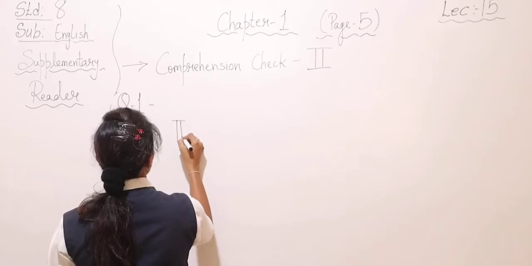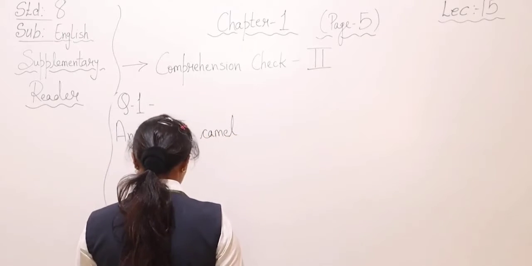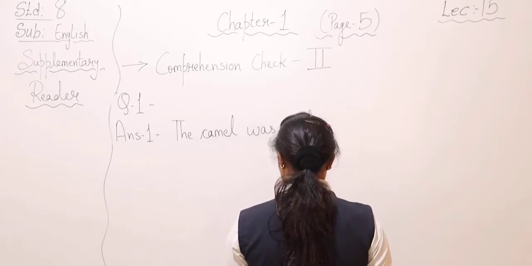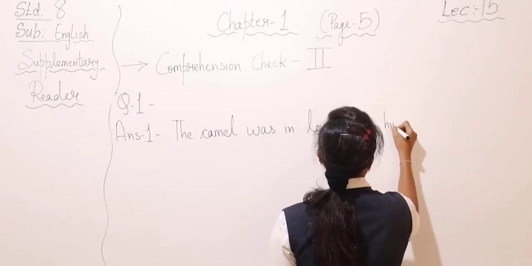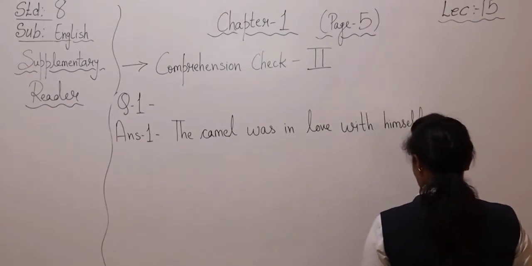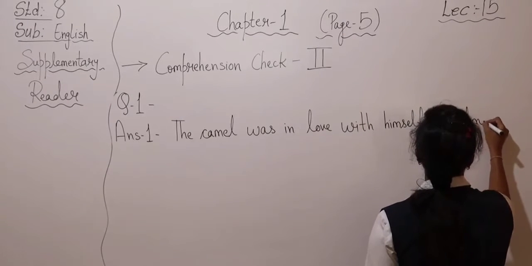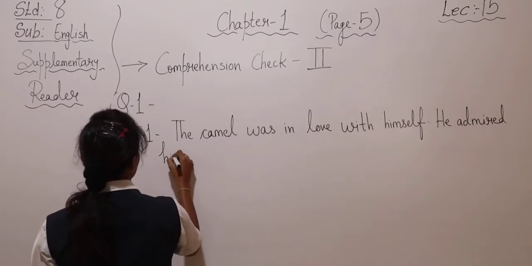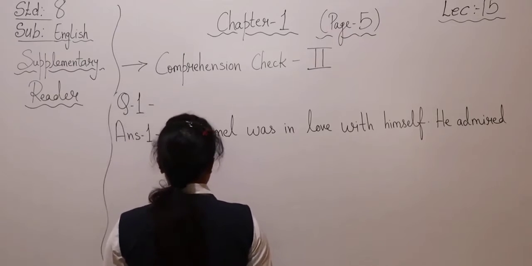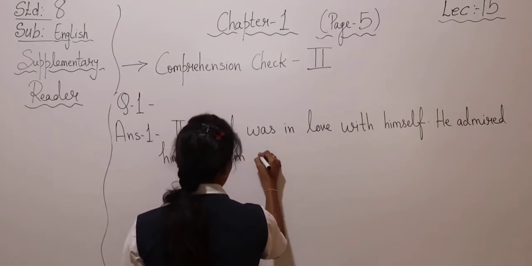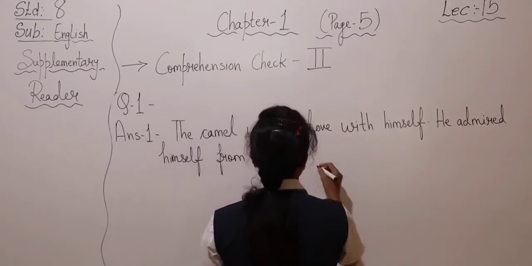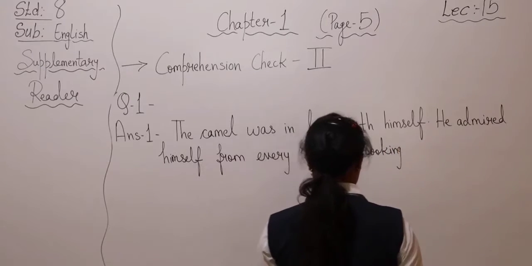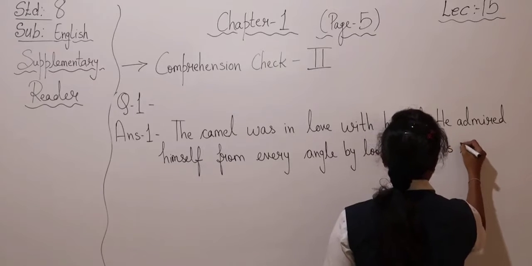Answer 1. The camel was in love with himself, he admired himself from every angle by looking at his reflection.